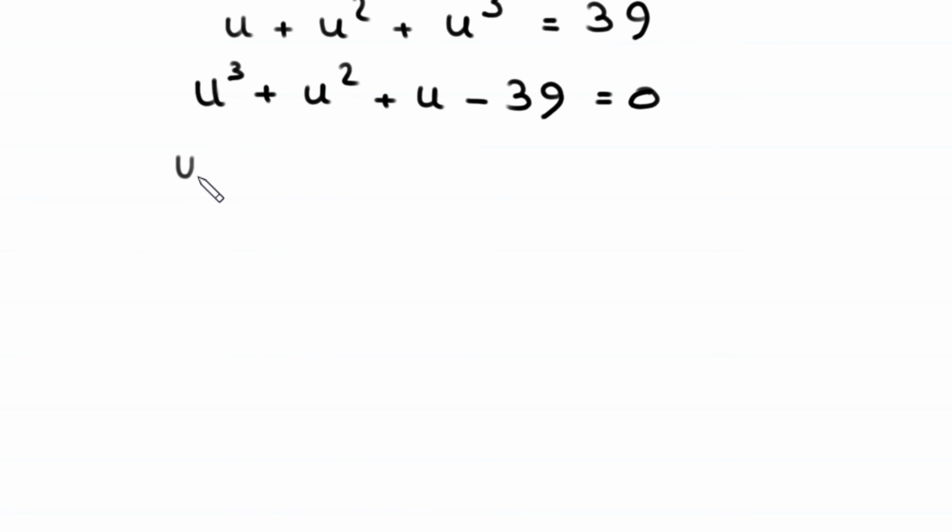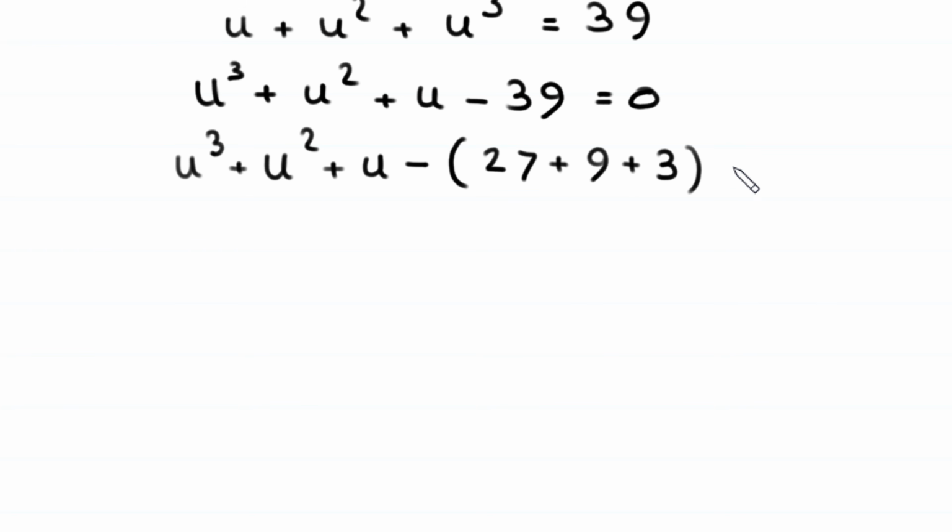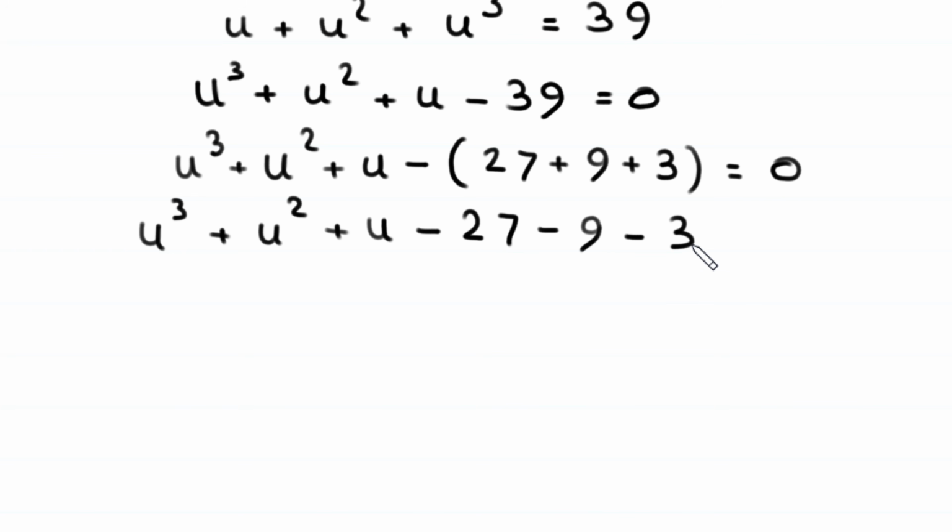Next, u cubed plus u squared plus u minus 39, this 39 is the same as 27 plus 9 plus 3, equal to 0. Further simplify, this will become u cubed plus u squared plus u minus 27 minus 9 minus 3 equal to 0.